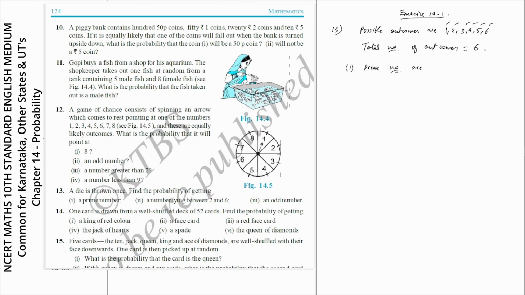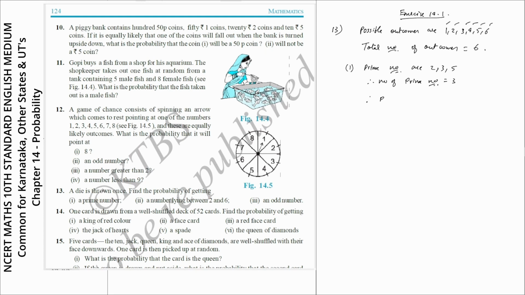Out of the possible outcomes, what are the prime numbers? 2 is a prime number, 3 is a prime number, 5 is a prime number. Therefore, the number of prime numbers is 3: 2, 3 and 5.